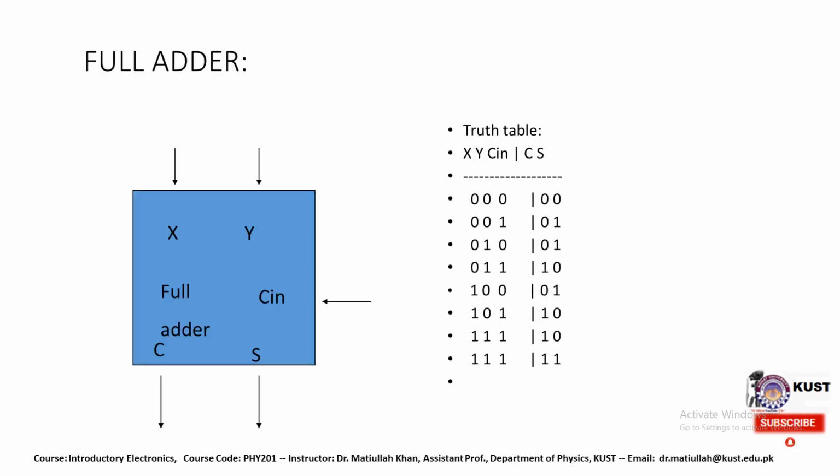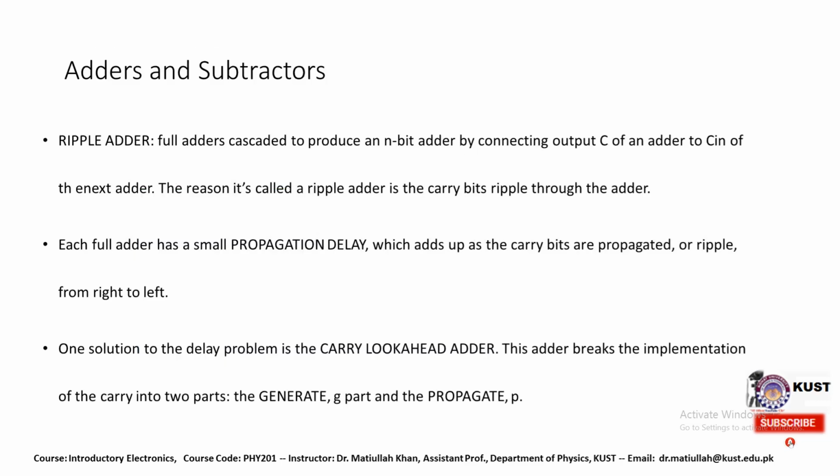As we discussed already, we have ripple carry adders as well, and in the case of ripple adders, full adders are cascaded to produce an n-bit adder by connecting the output carry C of one adder to the Cin of the next adder.